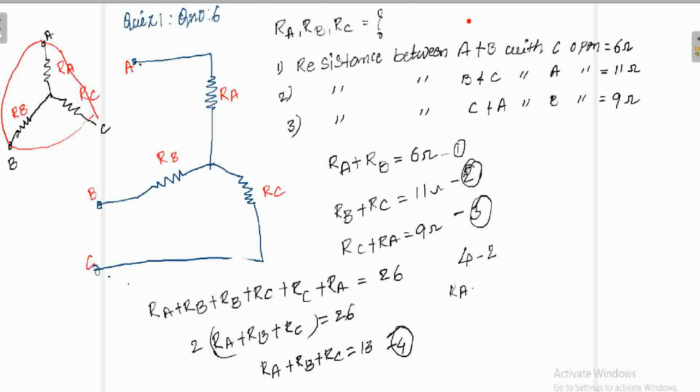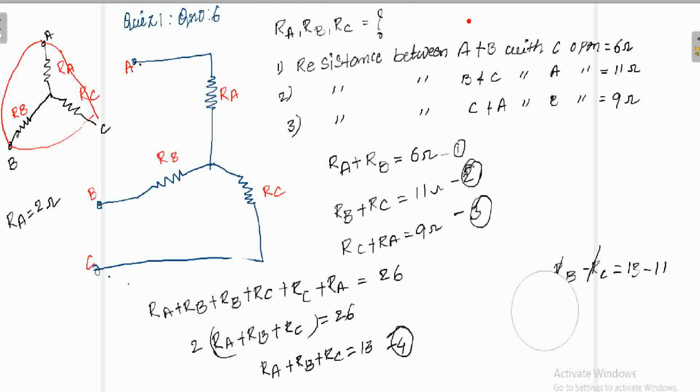RA plus RB plus RC minus RB minus RC is equal to 13 minus 11. The RB and RC cancel, and then you will get RA is equal to 2 ohms. So we got RA equal to 2 ohms.